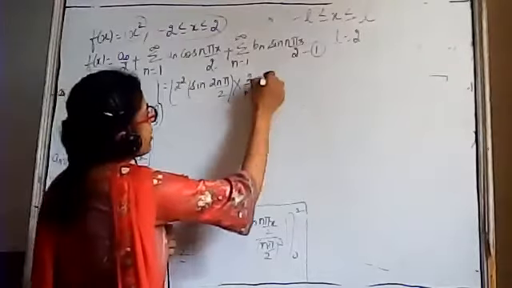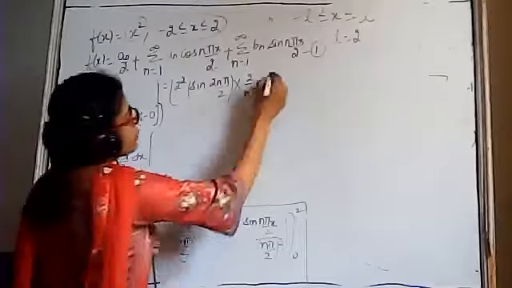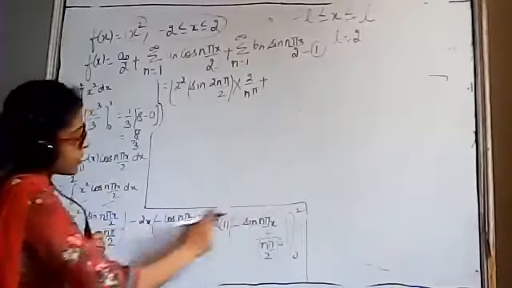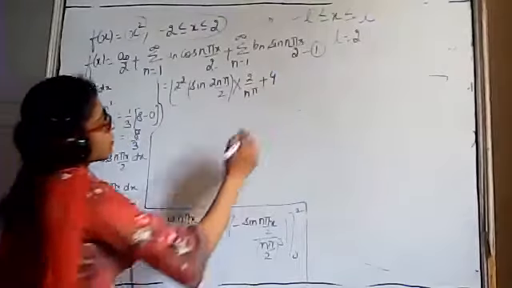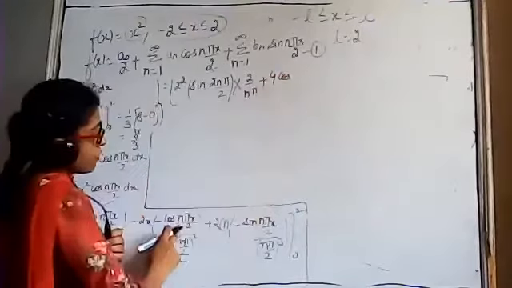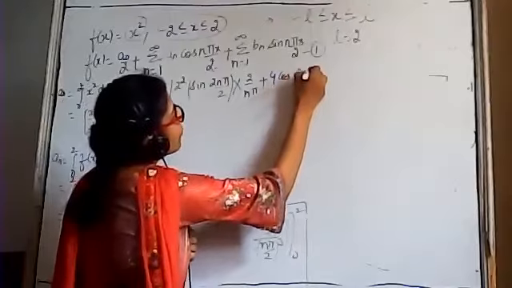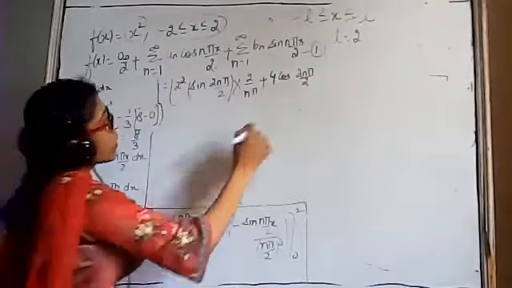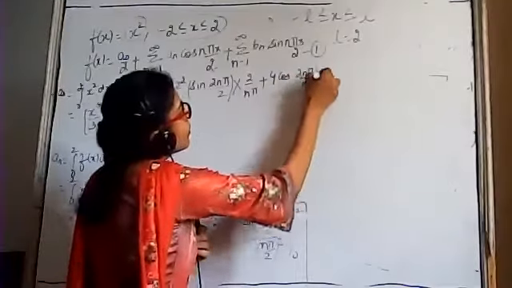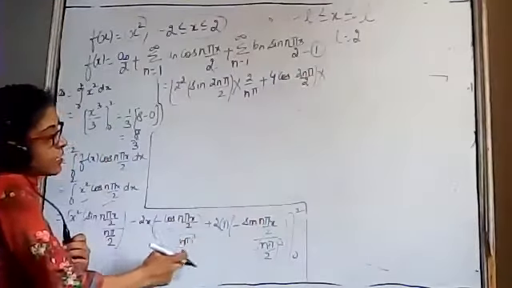Minus or minus, it will be plus. This is 2, and in place of x we again substitute 2. It will be 4 into cos of, again 2n pi upon 2, into, after that again take this term in the numerator.